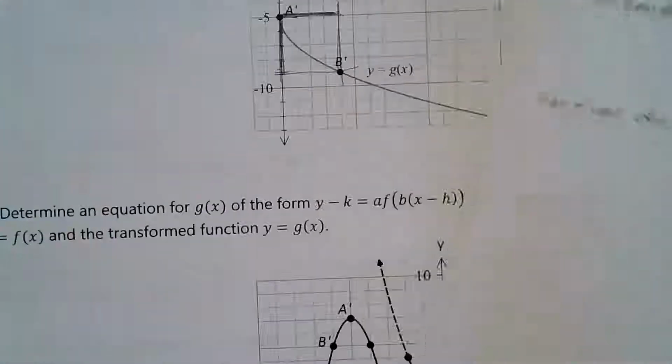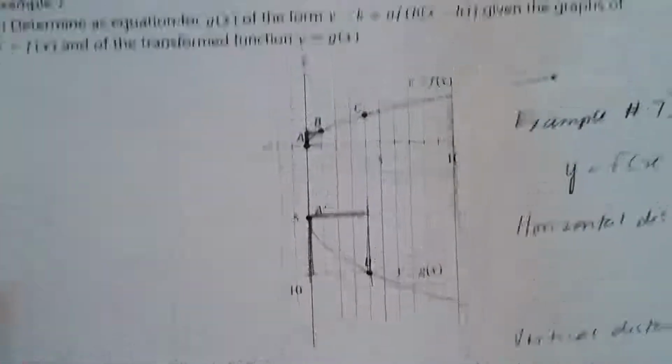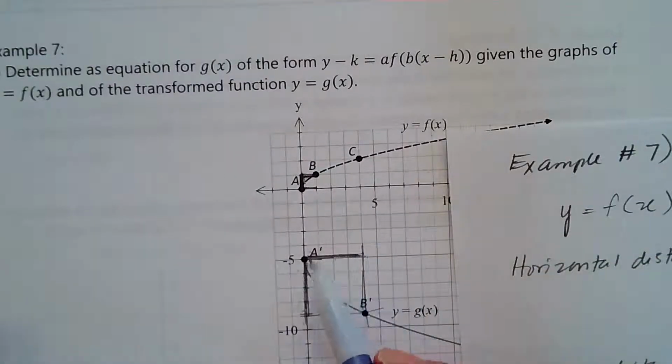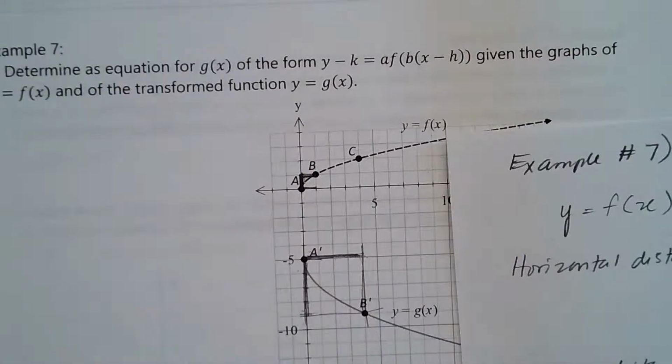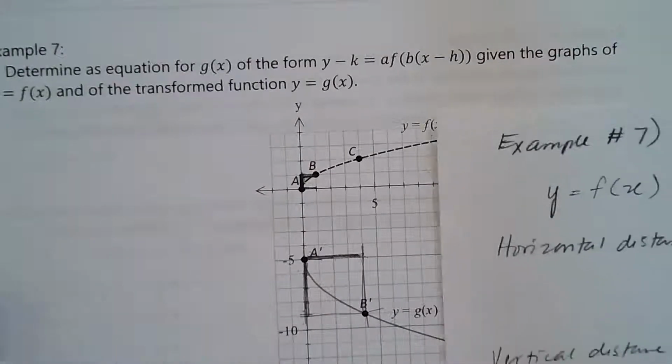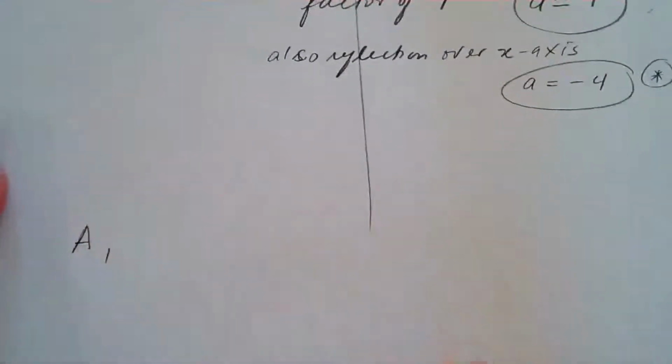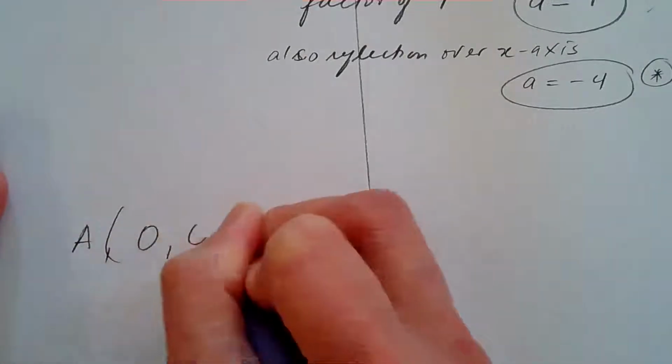Okay, so what else? Now we need to know if there has been a translation. What kind of translation do we have? A is at 0, 0, right?